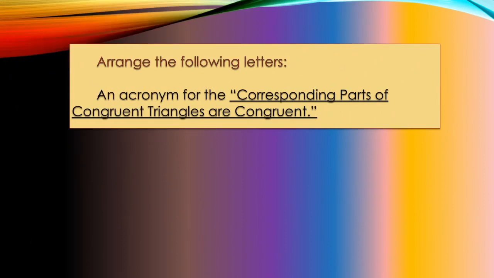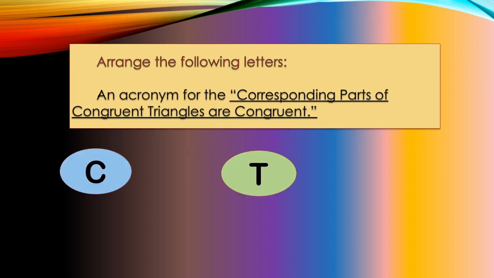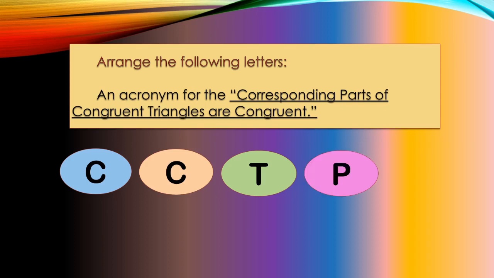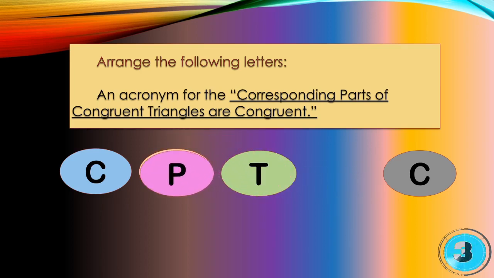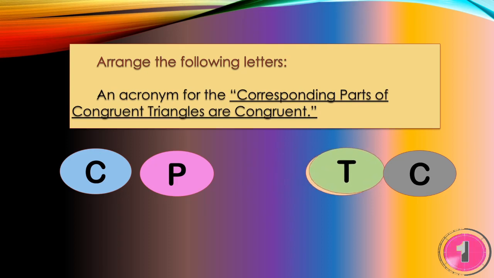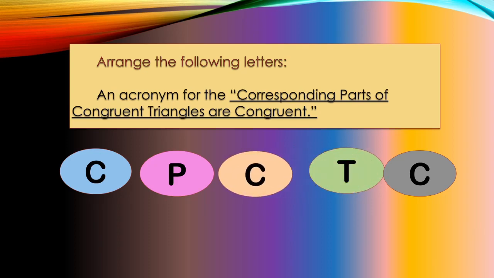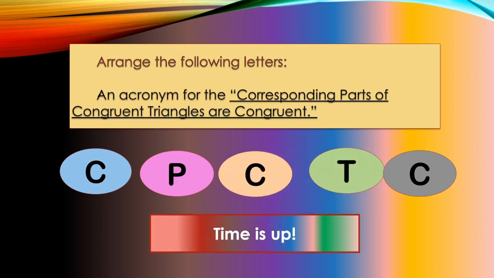Let us arrange the following letters to give the acronym that stands for corresponding parts of congruent triangles are congruent. I'll give you a few seconds to do this. Time is up!